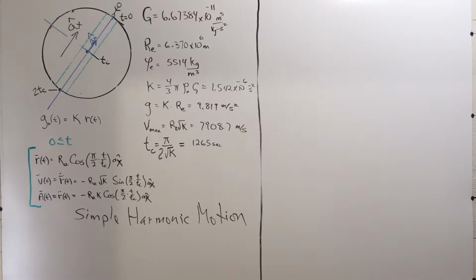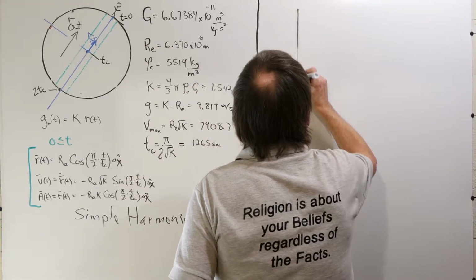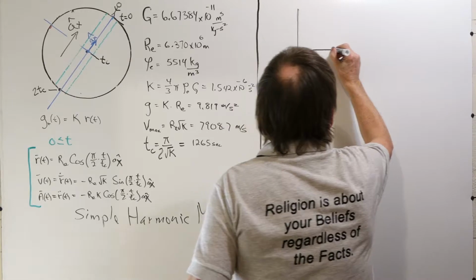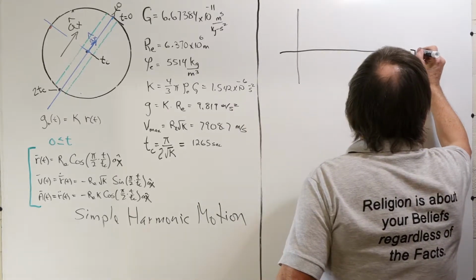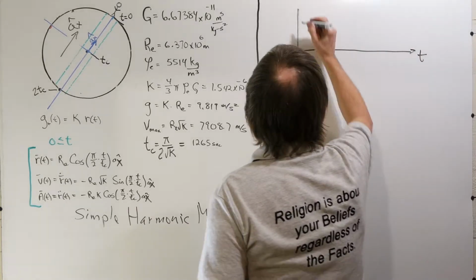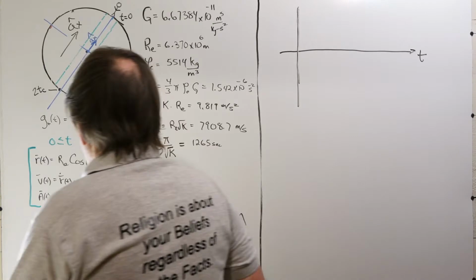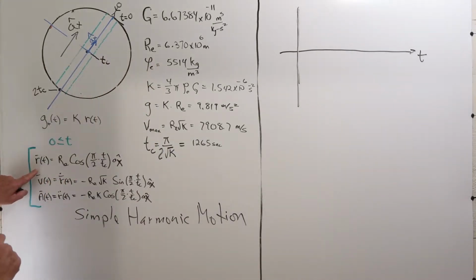And if we're to plot this out, our motion, we'll look at our position, our velocity, and our acceleration as a function of time. Okay, first let's look at our position.